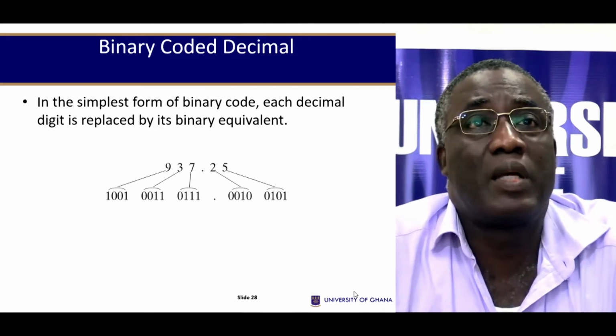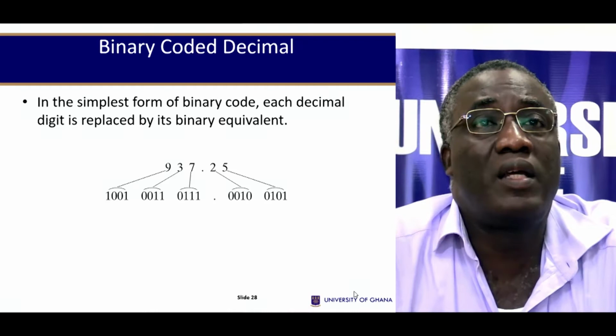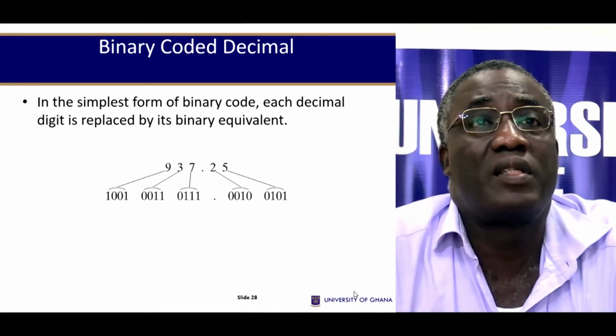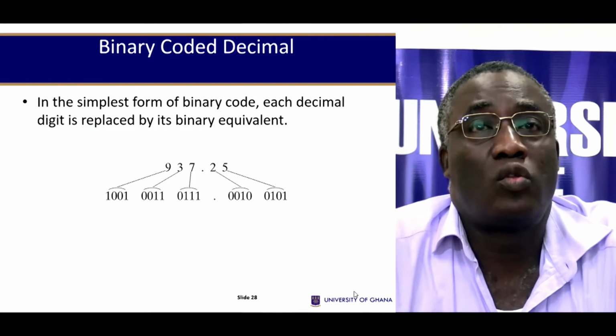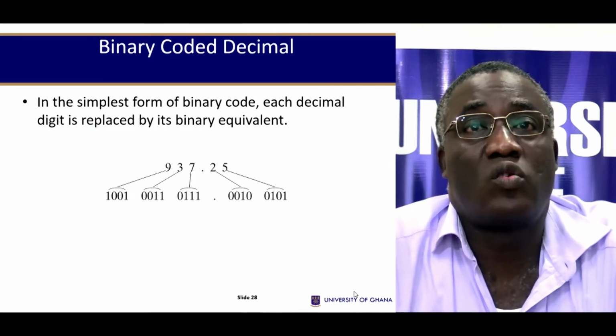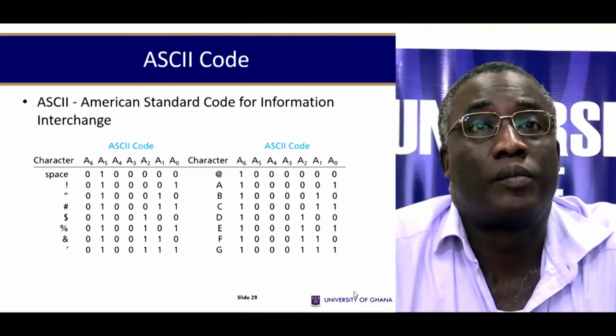So 9, for example, is replaced by its binary equivalent, which is 1001. 3 is replaced by 0011, and 7 by 0111. The 2 on the decimal part is also replaced by its binary equivalent 0010, and the 5 by 0101.